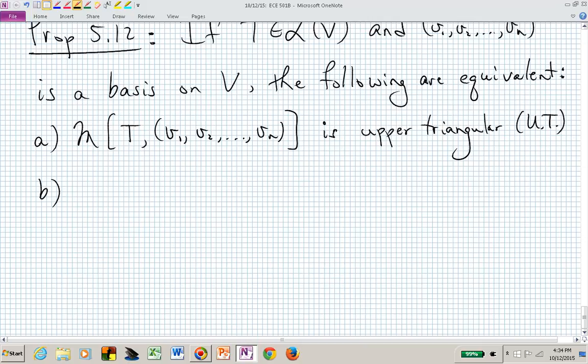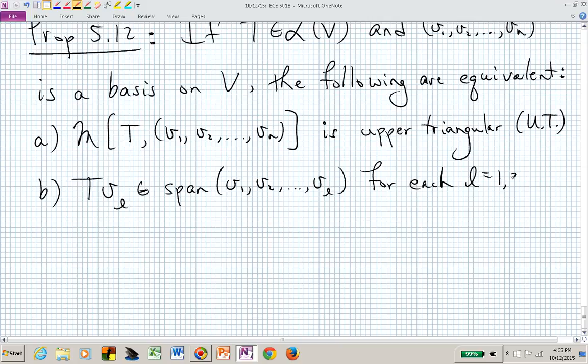Now that statement is equivalent to T V sub L, meaning mapping the vector V sub L through the linear operator T keeps us in the span of V1, V2 up to V sub L for each L. Meaning if we take V1, then T V1 is only going to be in the span of V1.